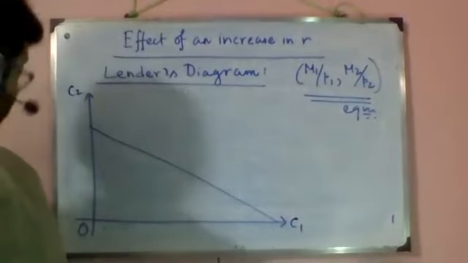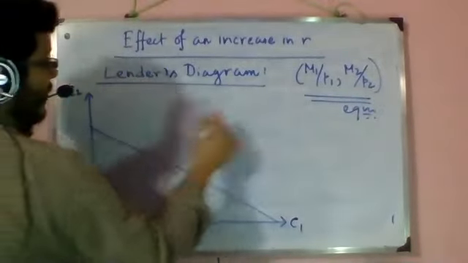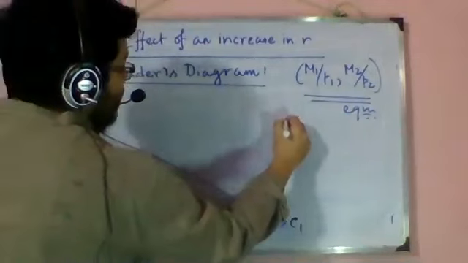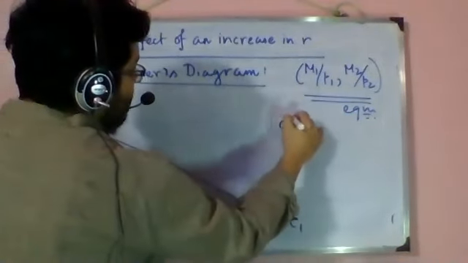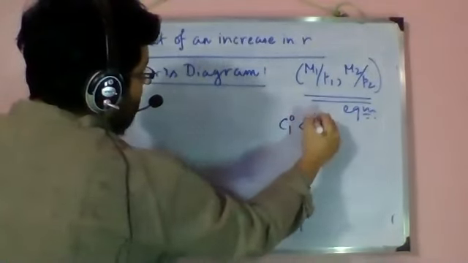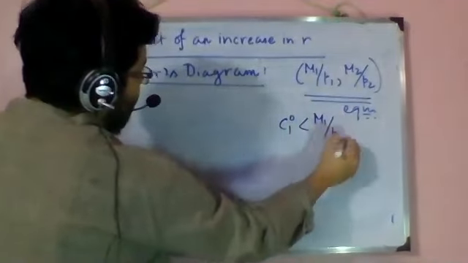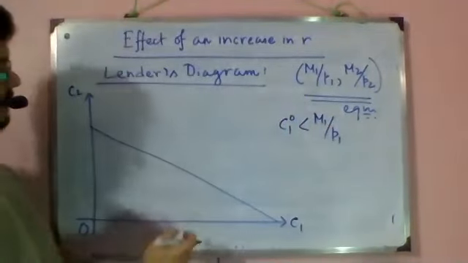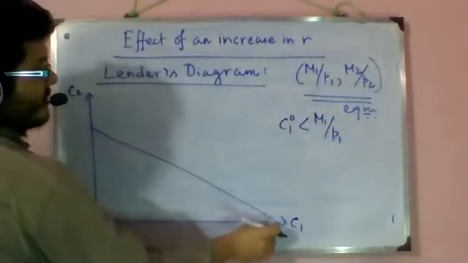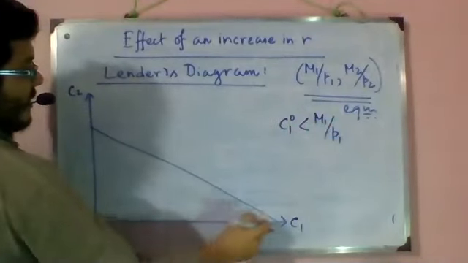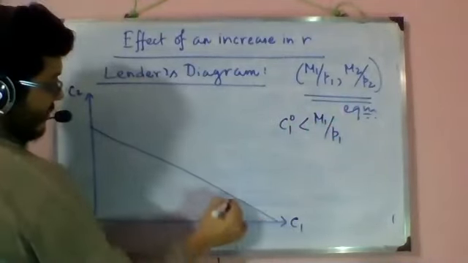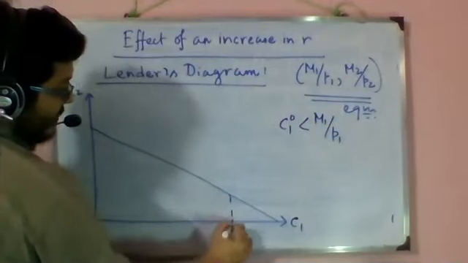Now, as we said that we are going to draw a lender's diagram, initial C1, let's say C1 naught, must be less than M1 by P1. So like the other diagram, we are going to take M1 by P1 close to the right side.